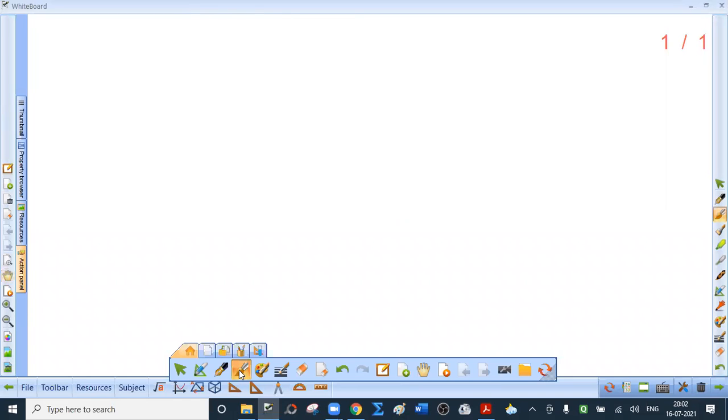Basically, what is componendo dividendo? It is to be used for proportion and not for ratio.